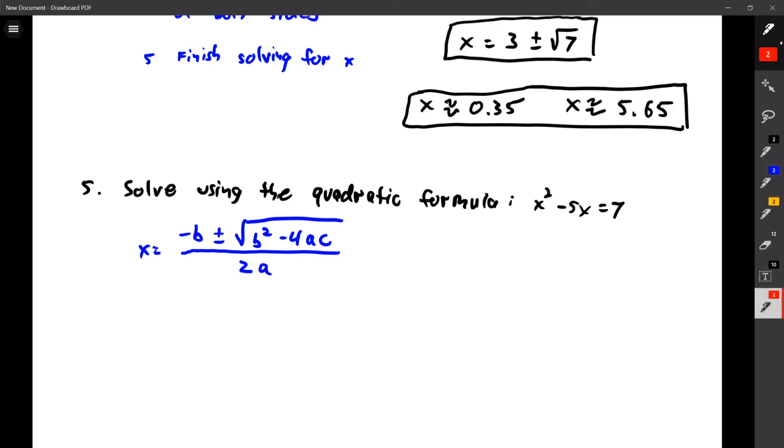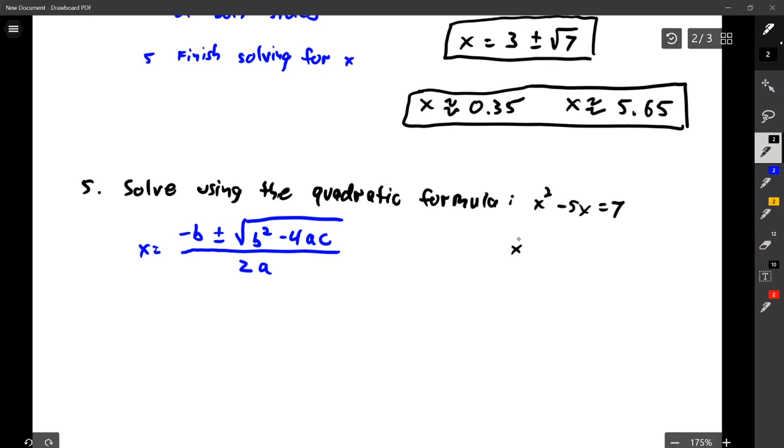Where a, b, and c are the values that I get from the equation, but that's assuming that the equation is in standard form, which would be ax squared plus bx plus c equals 0. So we need equals 0. So I need to rewrite this first to be x squared minus 5x minus 7 equals 0. And now I can identify that a is 1, b is negative 5, and c is negative 7.